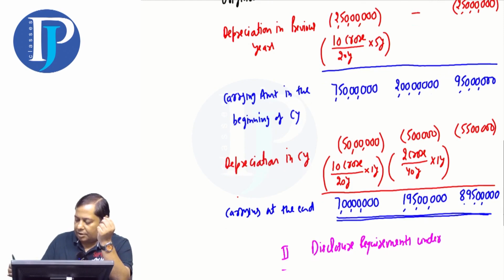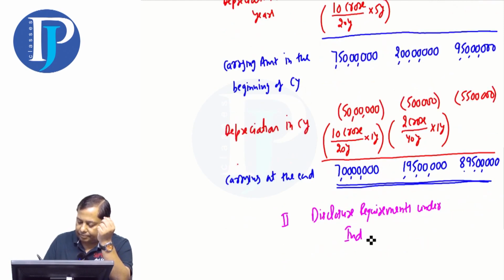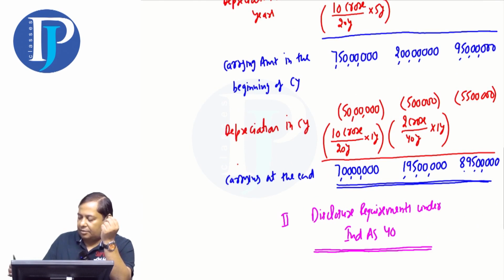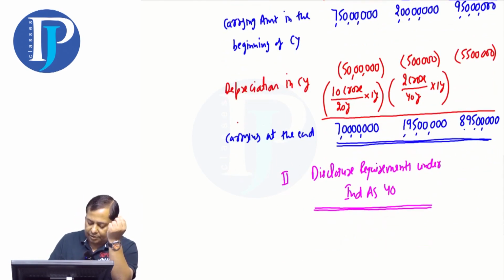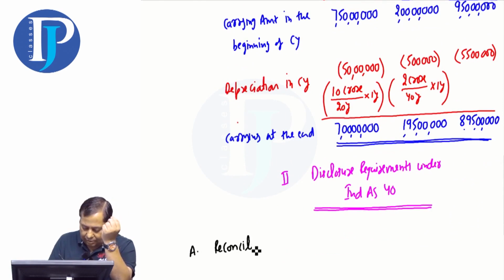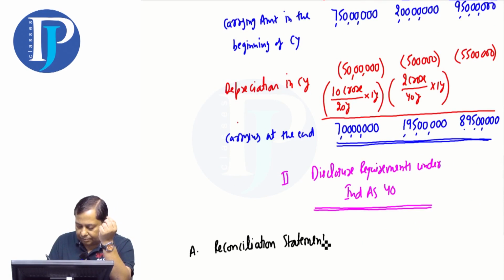Under Ind AS 40, if you have to make disclosures, then there will be many disclosures. First will be the reconciliation statement of IP at cost.